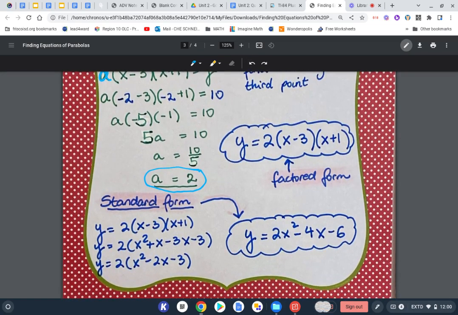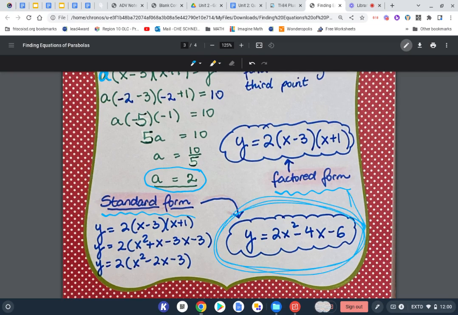Now, you have to be fluid between factored form and standard form. Okay, you have to be able to rewrite it as such. Just like we did factoring, you have to be able to get from this form through factoring to your factored form. Okay, and you have to be able to go from the factored form back to the standard form.